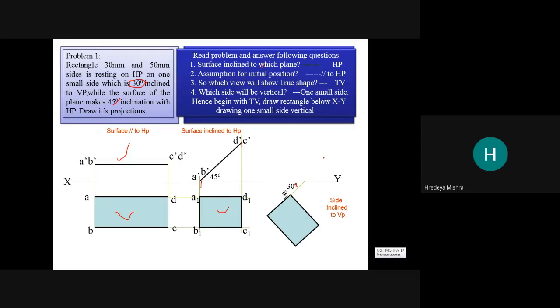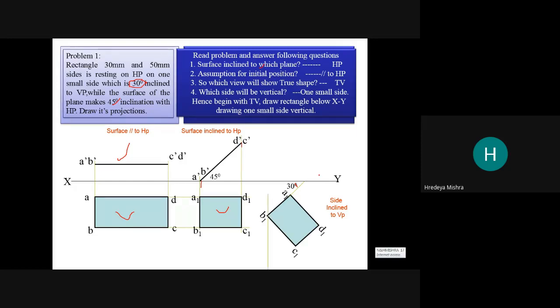See, 30 degree is there. A1, B1, C1 and D1. We just incline this. Okay, so a small side, this is a small side. Incline it 30 degree. So we just incline this 30 degree because all the dimensions we get from here. So we just rotate this in the 30 degree.